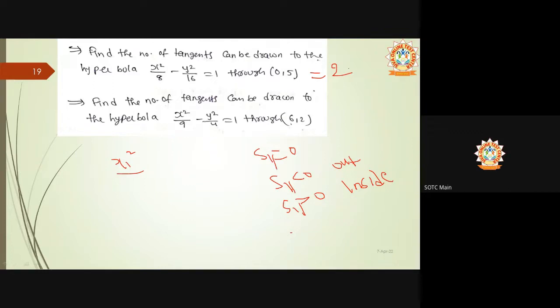Yes. So try to solve the next question as well. Greater than 0, sir. Greater than 0 means the number of tangents that can be drawn is 0. Now try to see the next question.